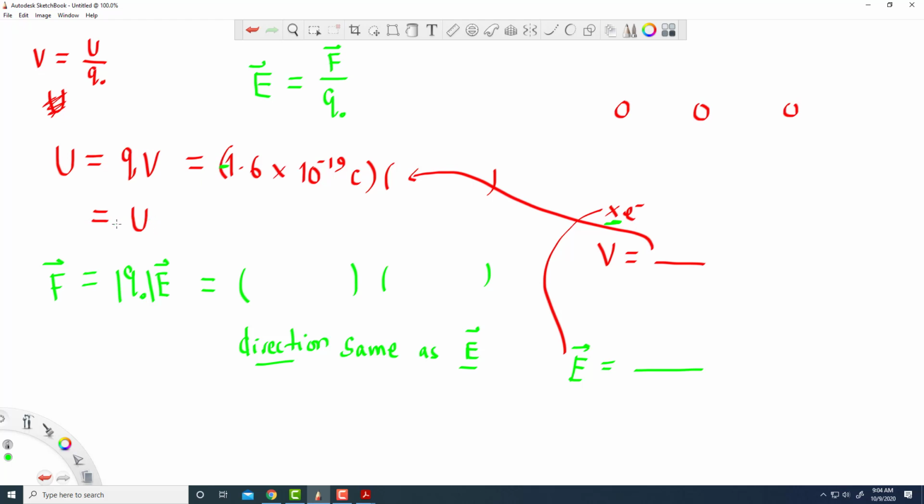The value you get will be a negative value, so you will have a negative potential energy, because the electron has negative charge, so that negative is carried to the answer, in joules. So that's how you get force and potential energy from potential and electric field.